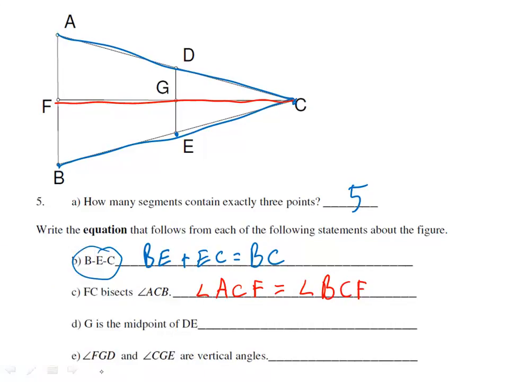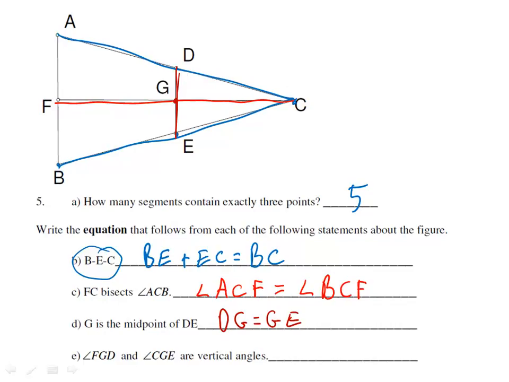Okay. G is the midpoint of DE. Alright, here's G, here's DE. So what we would say is DG equals GE. And that's all you have to say. Because if you remember what a midpoint does, it splits that line segment into 2 equal sections.